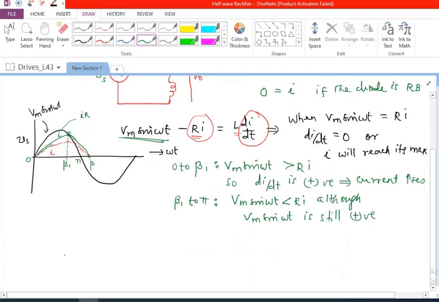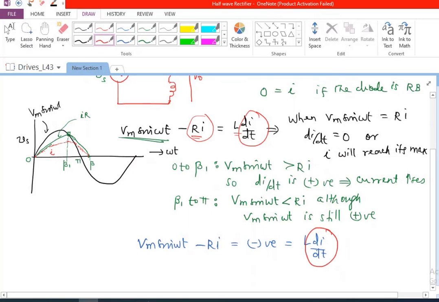So I'm going to have Vm sin omega t minus Ri equal to, it's a negative value, and L di by dt, because it is negative, this di by dt itself is going to be individually negative.